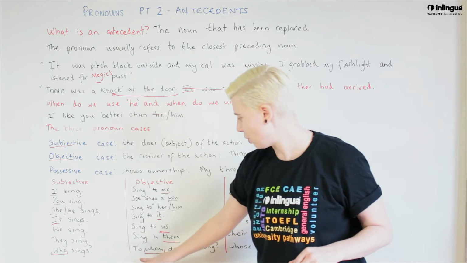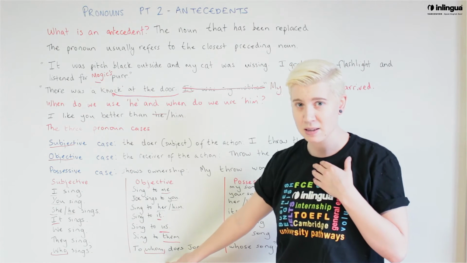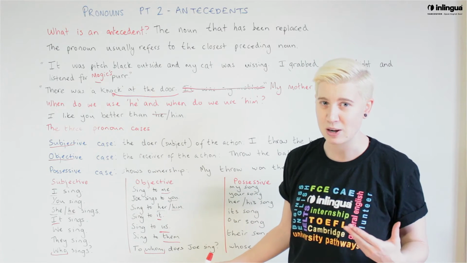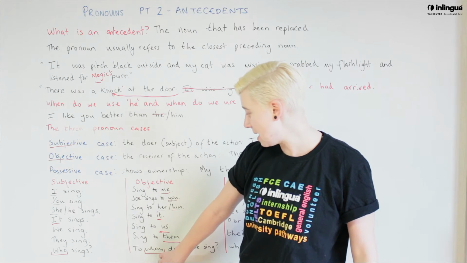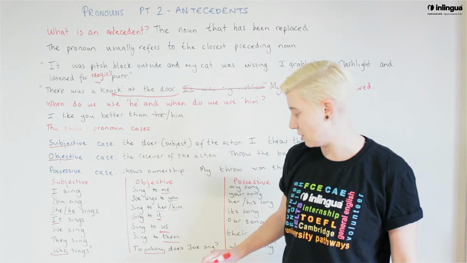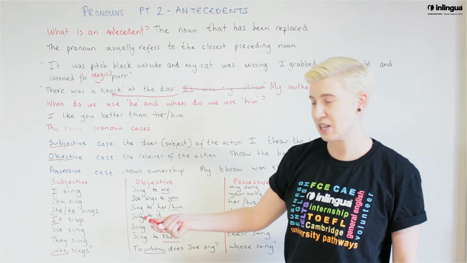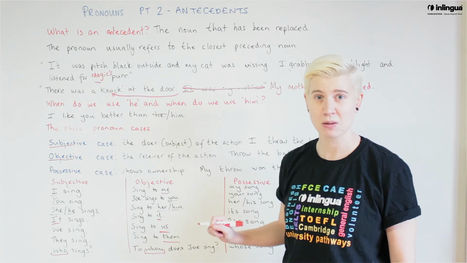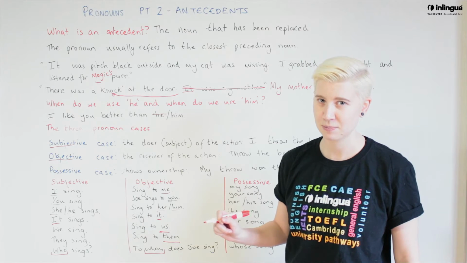No. To whom does Joe sing? Does Joe sing to me? We know it has to be the objective case to make this question. So when you would use he or him or me, you know that you have to use the M on the end. Whom. Okay? Who sings? To whom? To him. I sing to him. Not I sing to he.